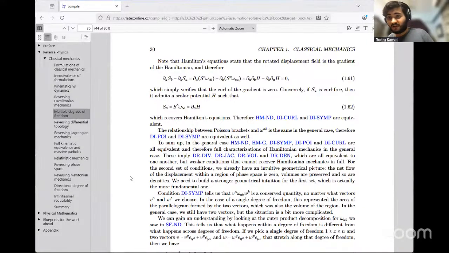Conversely, if SA is curl free, then it admits a scalar potential H such that SA lower A, through the index lowering, equals the partial with respect to A of H, which recovers Hamilton's equations. Therefore, HMND, DI curl, and DI simp are equivalent.